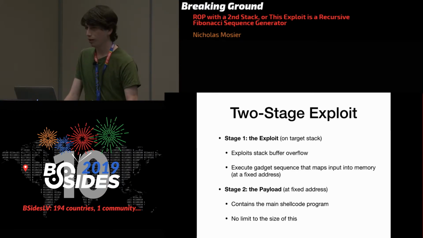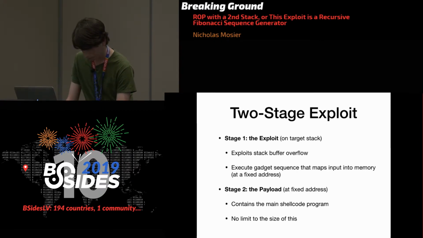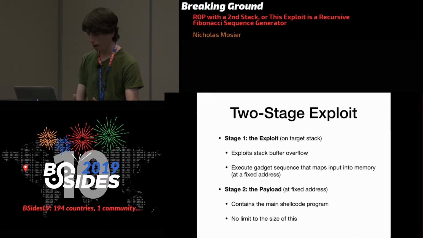And remember, the rest of this shellcode, they're not executable instructions. They're ultimately just gadgets. So we'll never actually be directly executing attacker code. And then stage 2, that's the payload. So we map that into a fixed address. And that contains the main shellcode program. And there's no limit to the size of this.